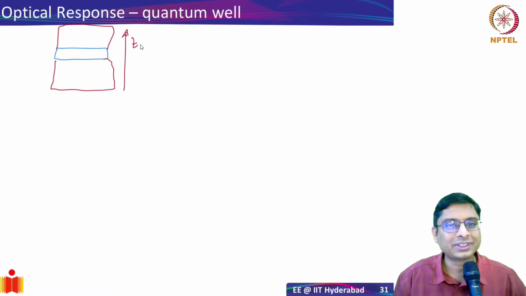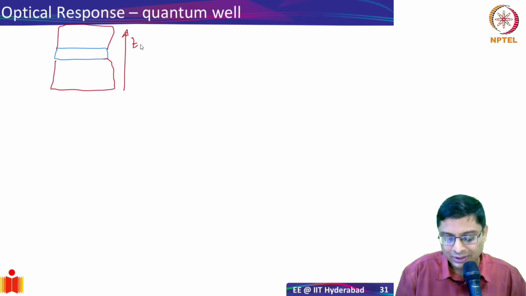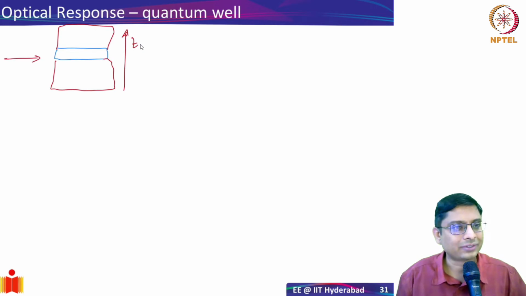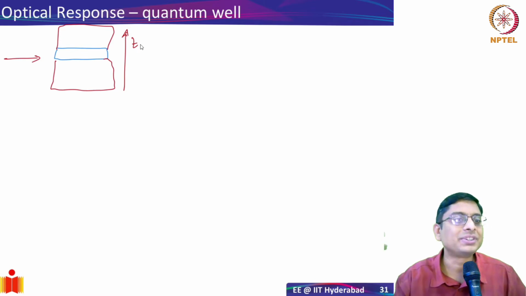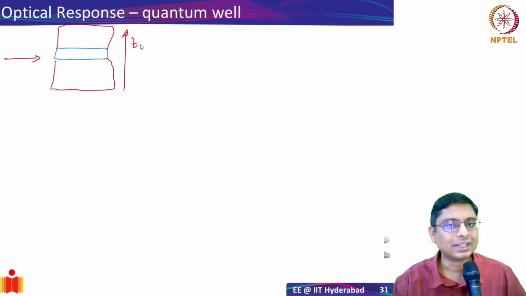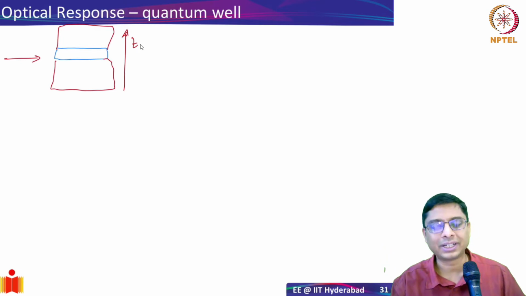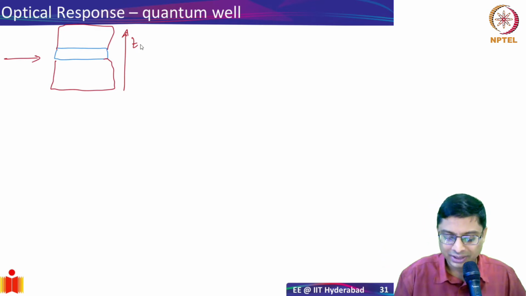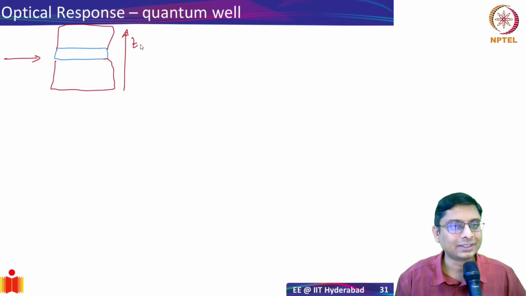Now my electric field has to be in the Z direction. So for that, I have to have a plane wave which is incident in this direction from the side. Or if I'm thinking of, let's say, an emission from a laser, I'll have this sort of behavior wherein my electric field is confined and going back and forth in this direction. And now the electric field is in the Z direction, right? So now I have to, of course, take that also into account.